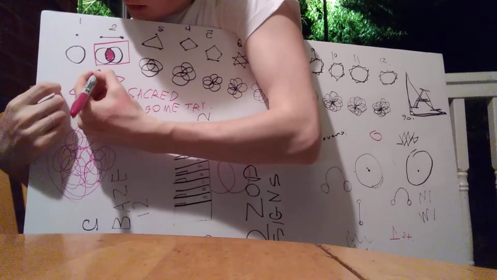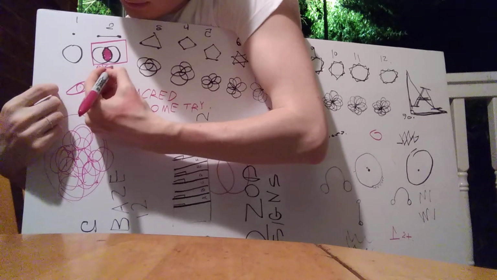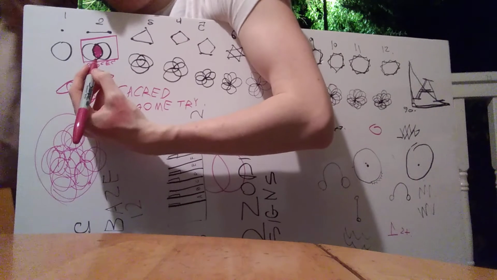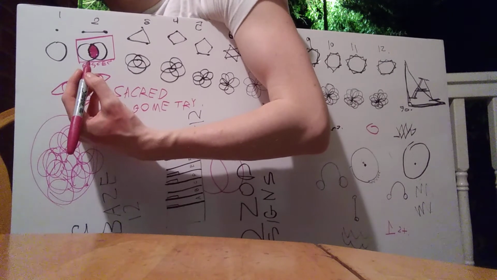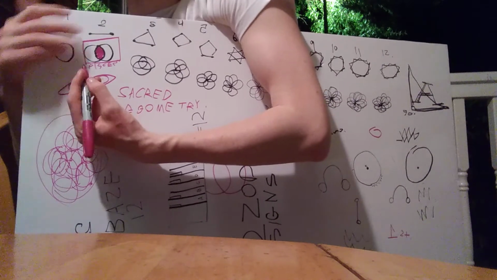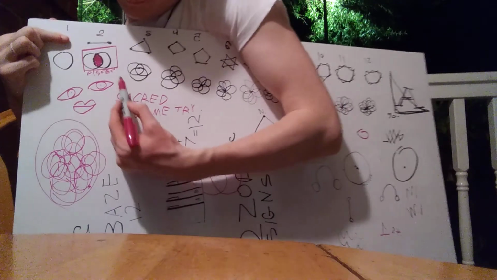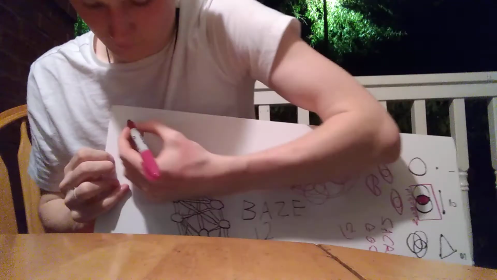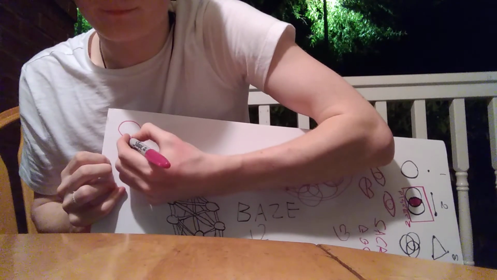Vesica Pisces. That sounds similar to Pisces, right? People think Pisces is the last zodiac sign. It's not the last. It's the second. Because look, Aquarius is the first sign, the sun is a circle, remember?